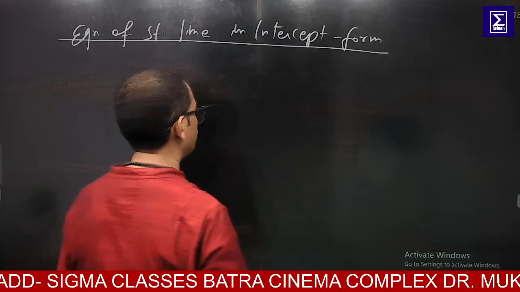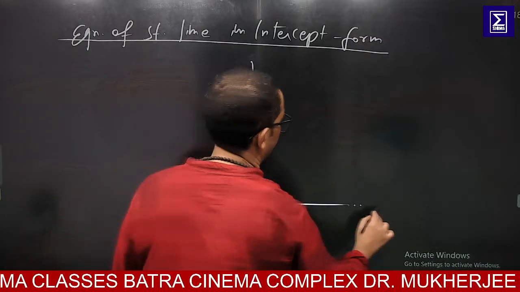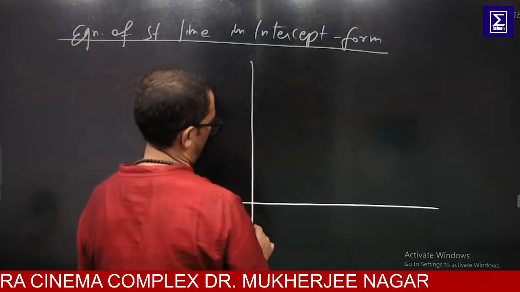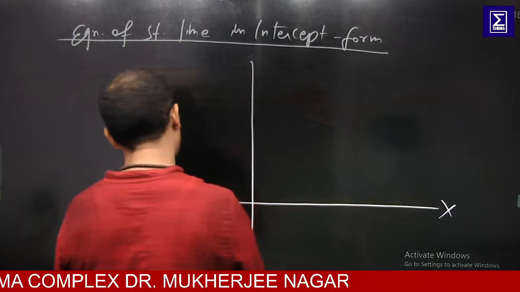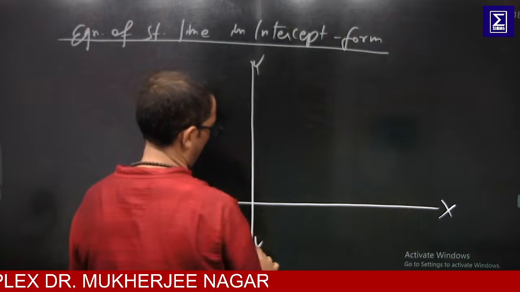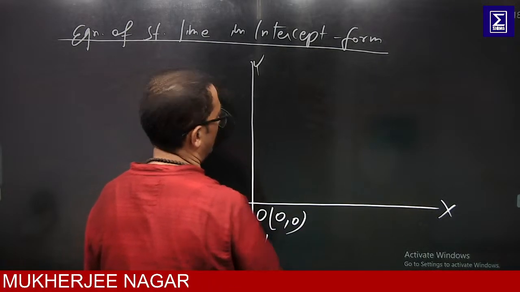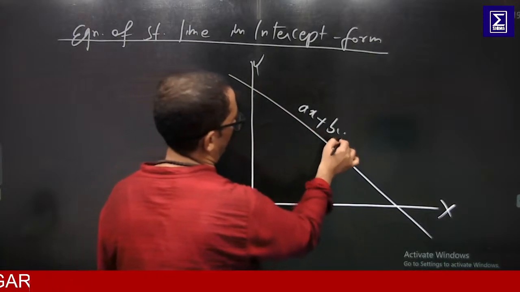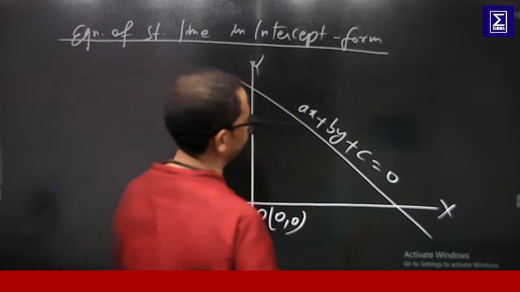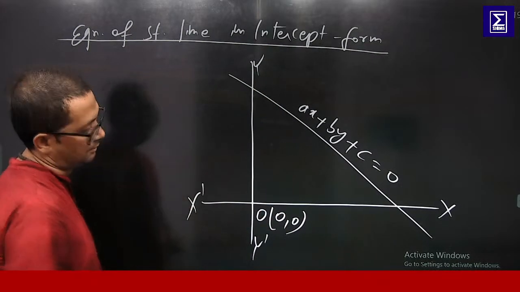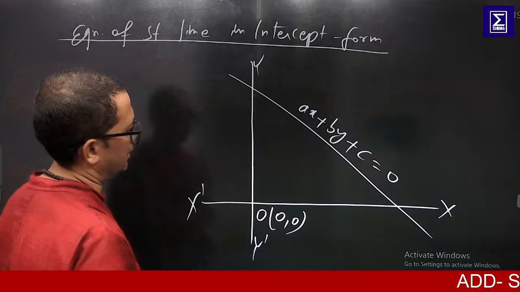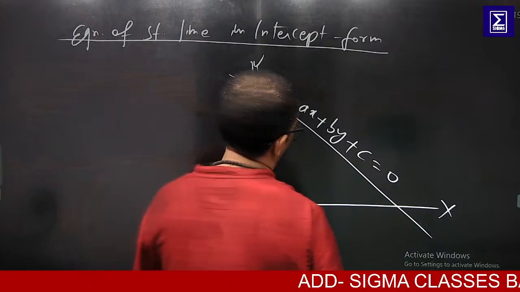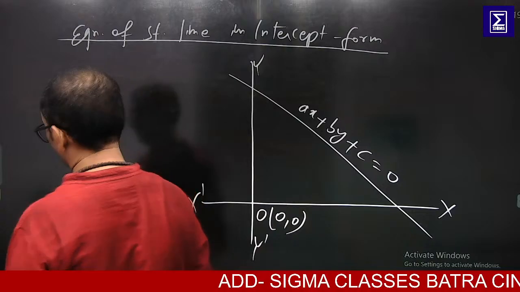How shall we do it? So this is x dash, this is y dash, and this is the origin 0 comma 0. There is a straight line here, ax plus by plus c is equal to 0. We have to find the x and y intercept of this line.